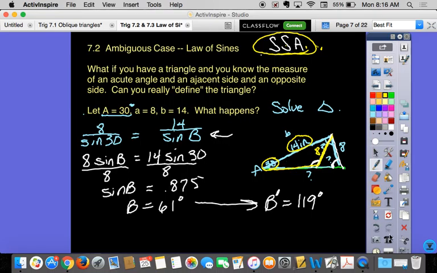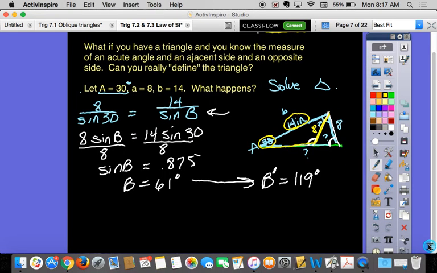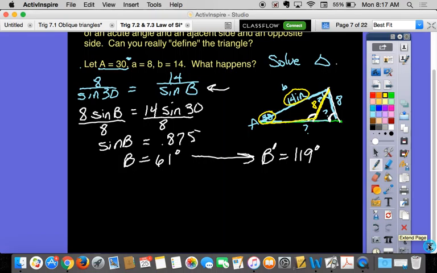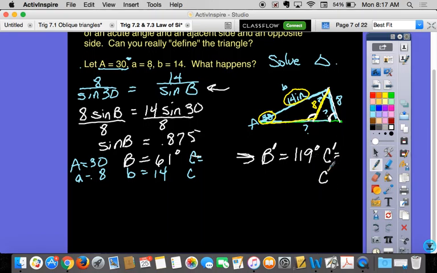Let's bump down a little bit and get some space. Keep in mind, we know A is 30, we know little a is 8, we know little b is 14. What we need here is angle C and little c. Over here, we've got to find C prime and little c prime.